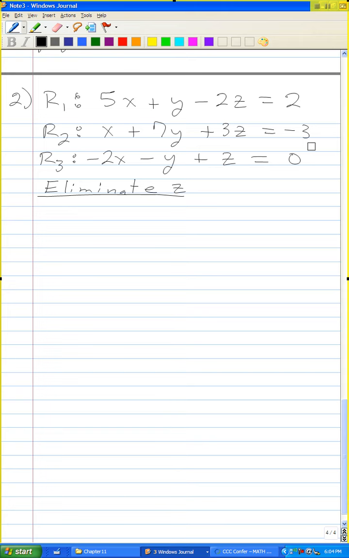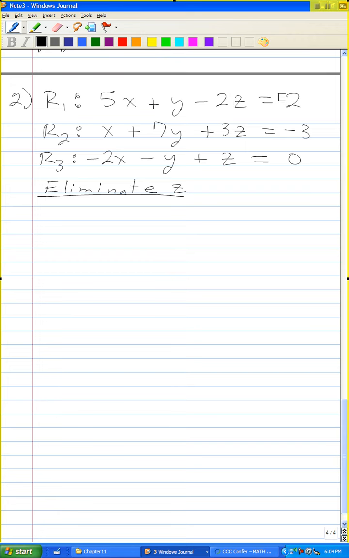So you must always, if you start to eliminate one of the variables, keep eliminating that until you've used all of the equations and that variable has been eliminated. And so notice that I have a 1 in front of this z and a negative 2 in front of this z.